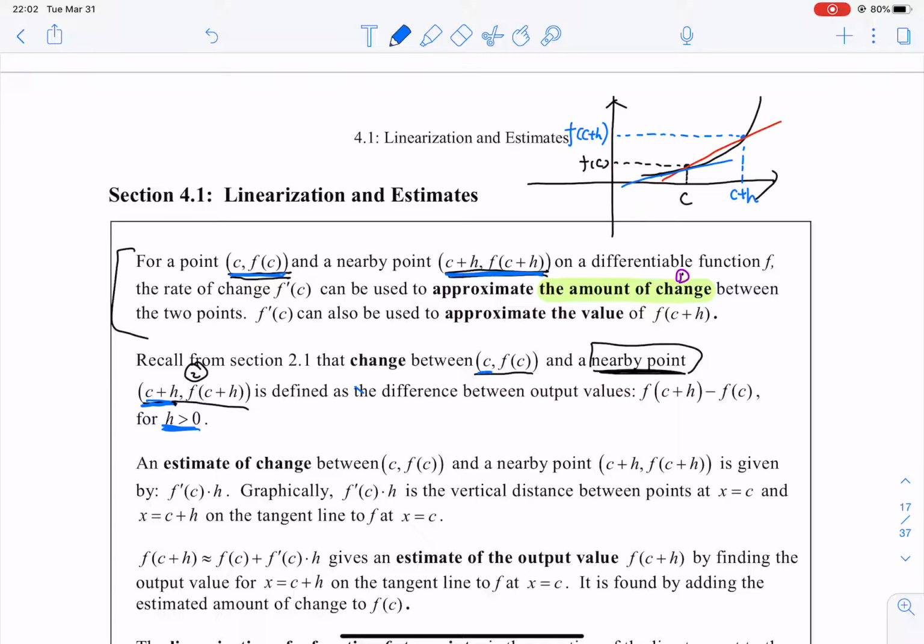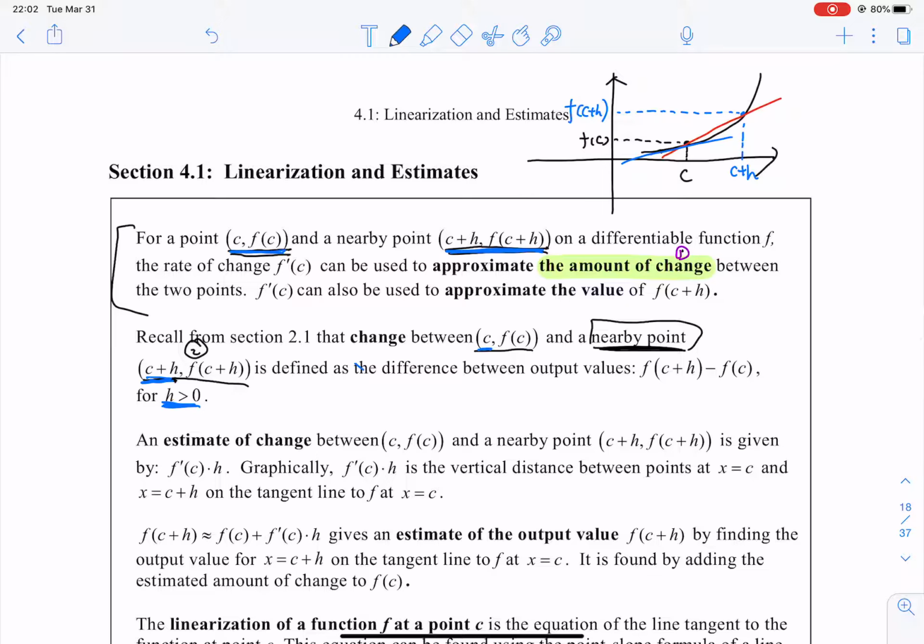So we can just say h approaches 0, h goes to 0. If h is a very big number, then we cannot say the second point is a nearby point. We can only say they are close to each other if the horizontal difference h is a very small number.